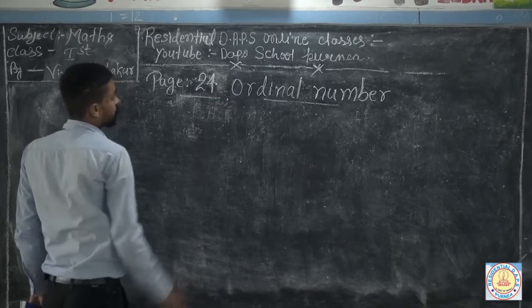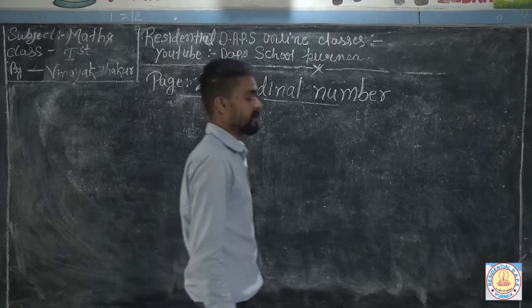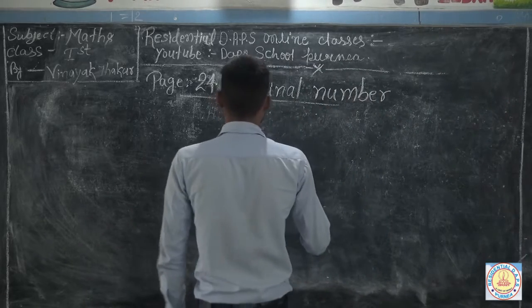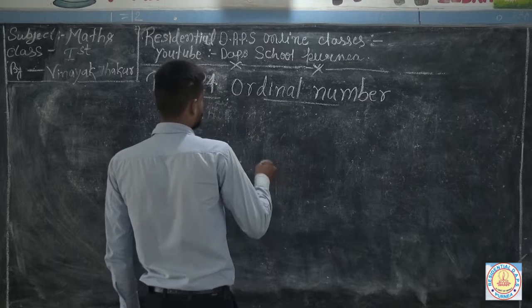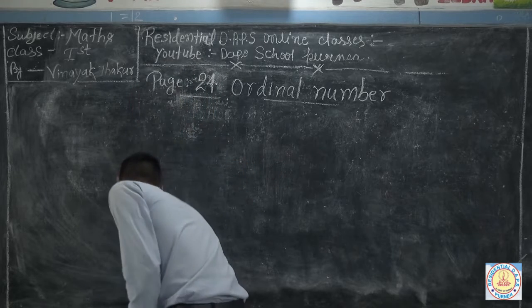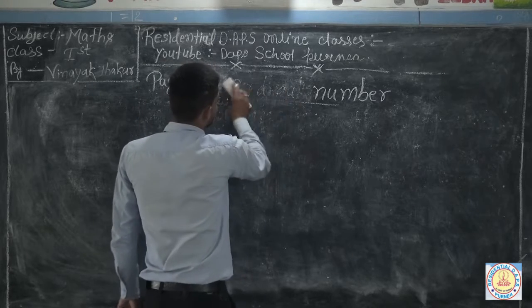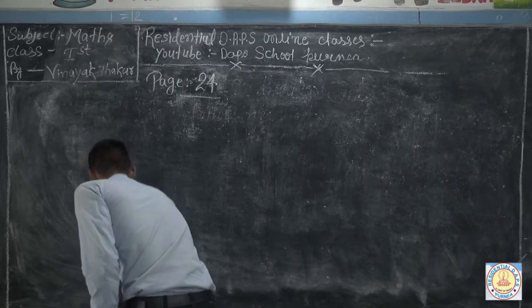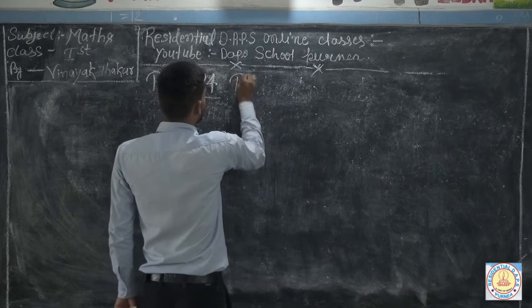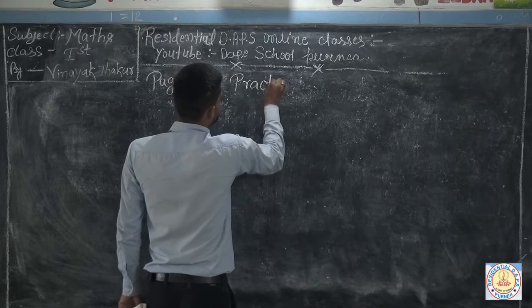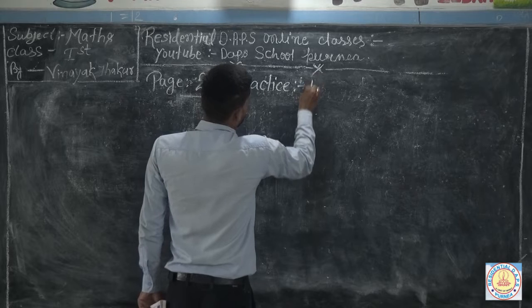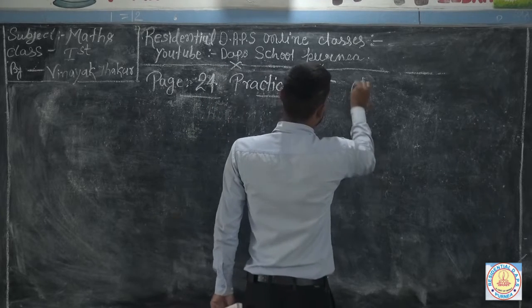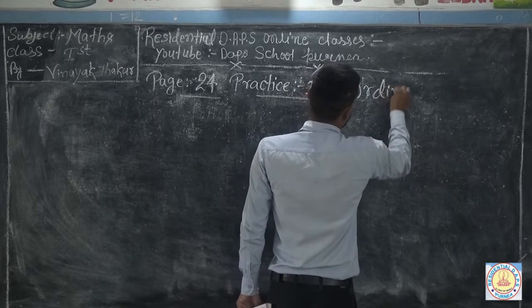Page 24, and this is the chapter of ordinal numbers, practice set 1.5.